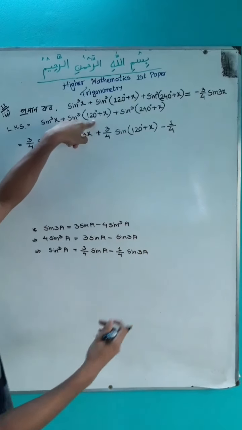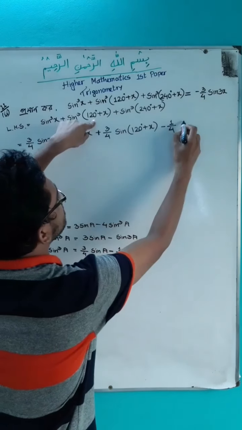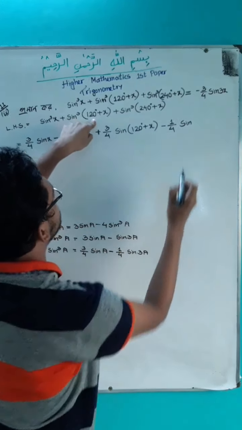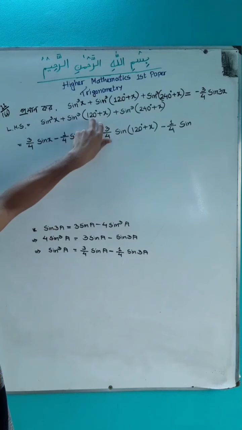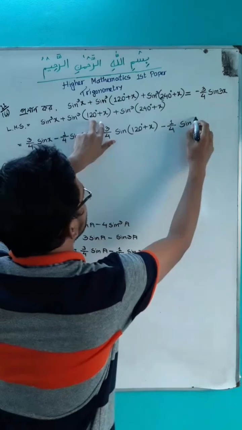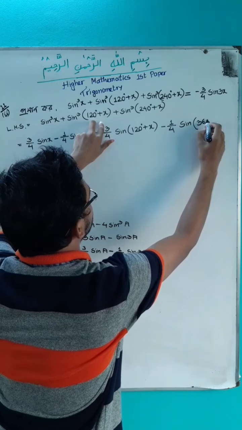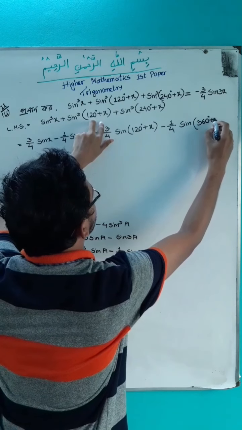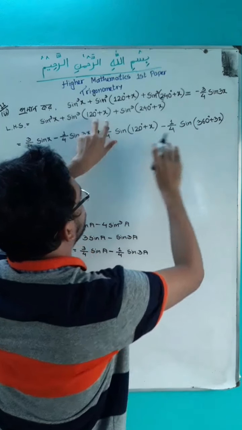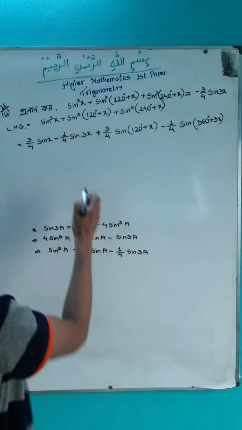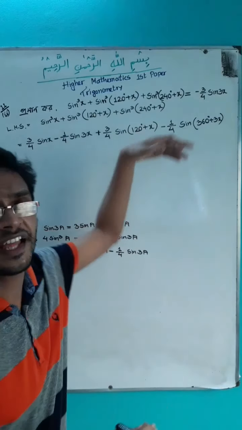If this is our a, what will be 3a? We have to multiply this term by 3, that means 360 degree plus 3x. Now this term, 240 degree plus x, is our a.